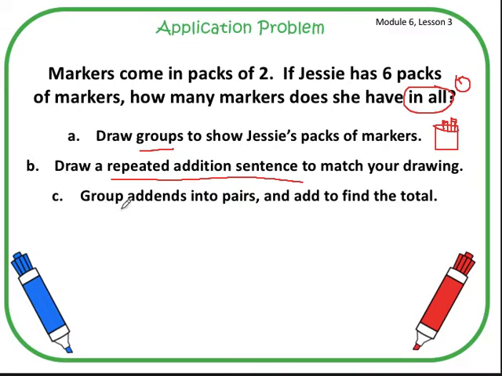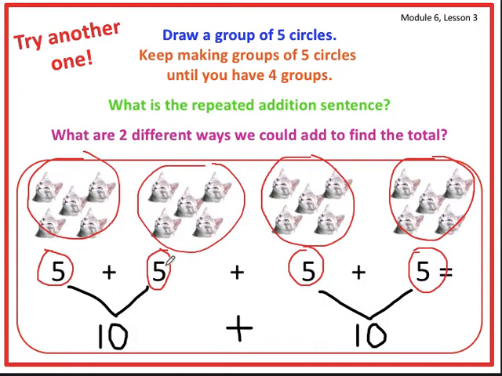Step 3. Group your addends. Remember the numbers that you are adding. What plus what? These are your addends. Group your addends into pairs and add to find the total. That's what we did right here.